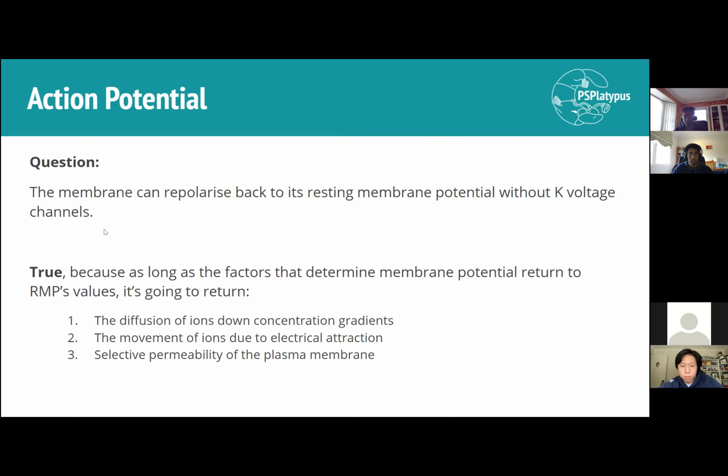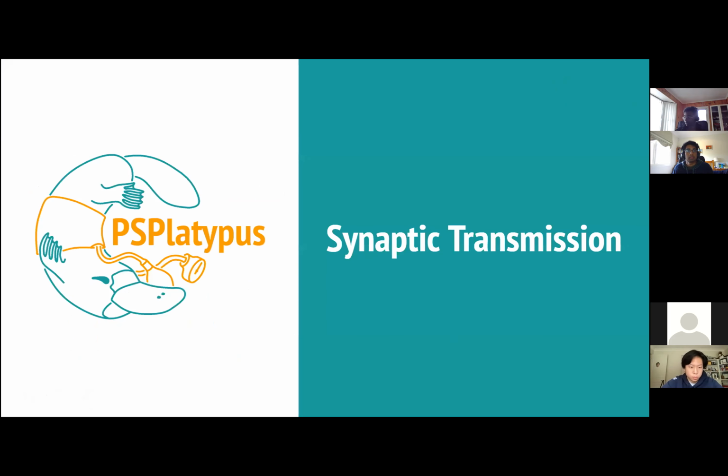And the answer is that it's true. It can repolarize back without potassium voltage channels, because as long as the factors that determine membrane potential return to resting membrane potential's values, it's going to return back to the resting membrane potential. And we know these three factors. All right. But yeah, I hope that made sense.